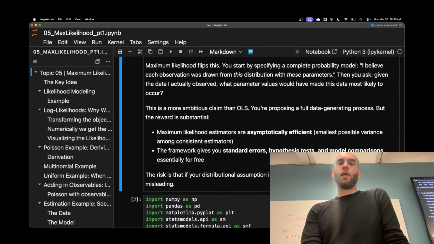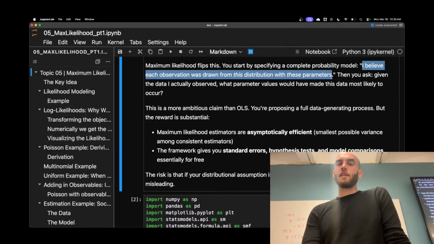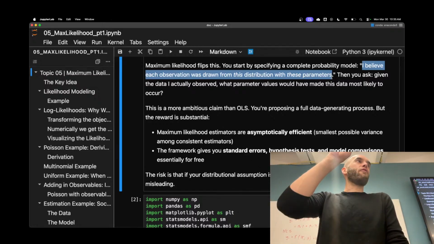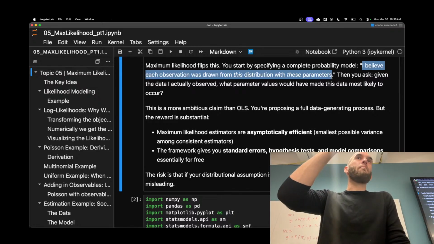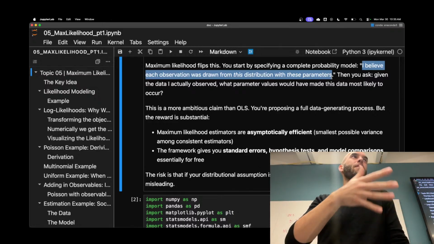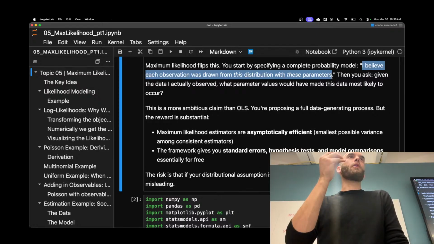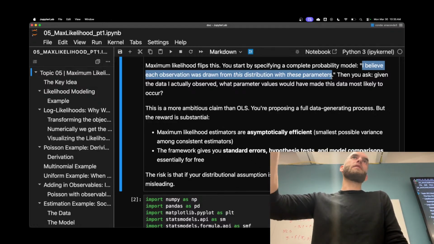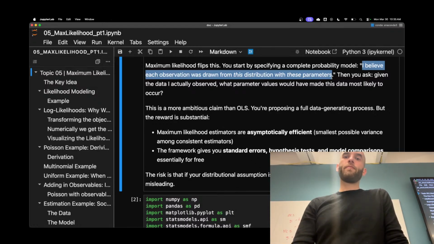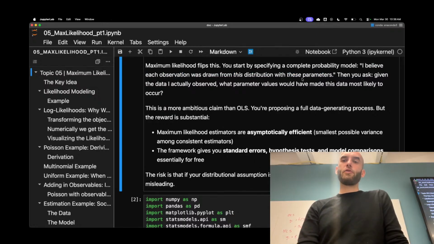With the complete probability model, we believe that each observation is drawn from a very specific distribution. We need to make a claim about what that distribution is, that form. In the estimation, we then estimate the parameters of that specific distribution.